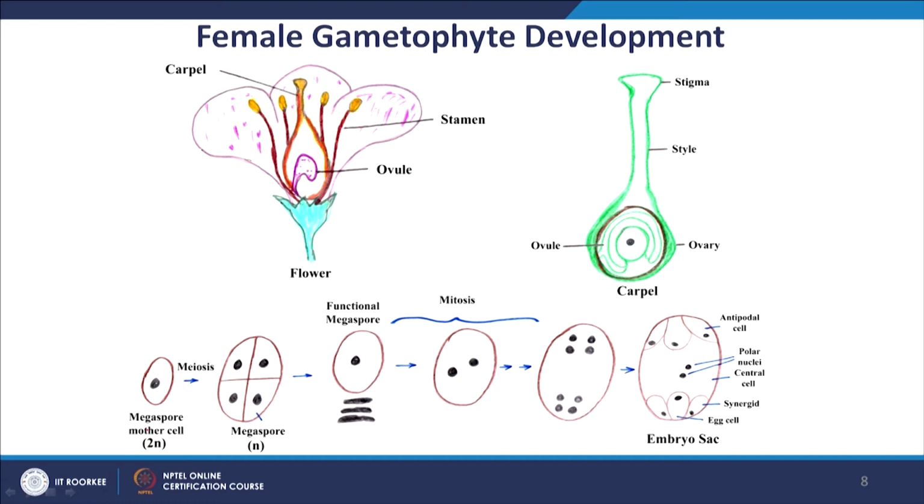This megaspore mother cell, which is diploid in nature, first undergoes meiosis to generate 4 haploid megaspores, and then during later stages 3 of these megaspores degenerate and only one remains as the functional megaspore. The functional megaspore undergoes 3 rounds of mitosis without cytokinesis to generate a cell with 8 haploid nuclei. Later on these haploid nuclei get rearranged and make the structure called the embryo sac.